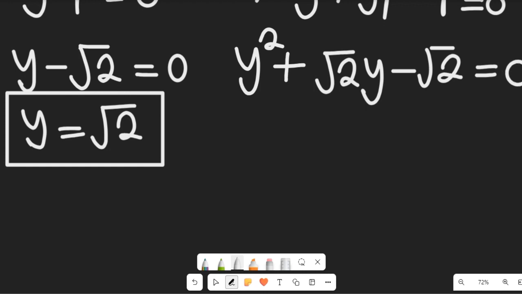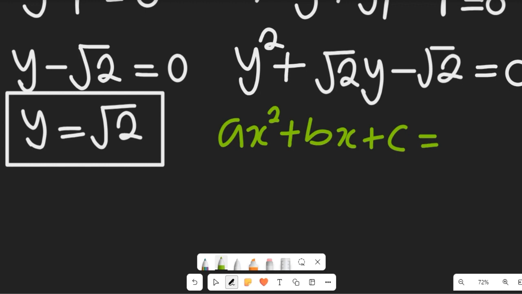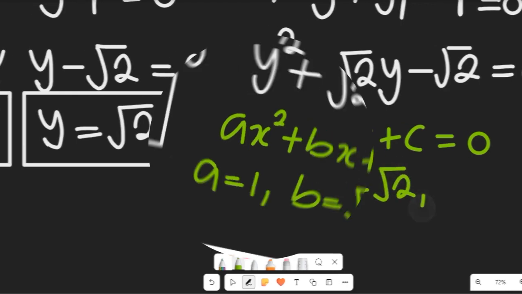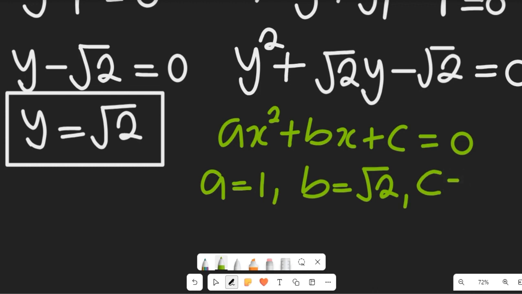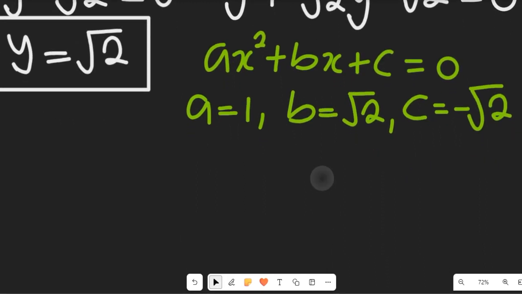If we simplify this, this is more of a quadratic equation. If you compare it with ax squared plus bx plus c equal to 0, you see that a is equal to 1, b is equal to root 2, and c is equal to negative root 2. So we are going to use the quadratic formula.